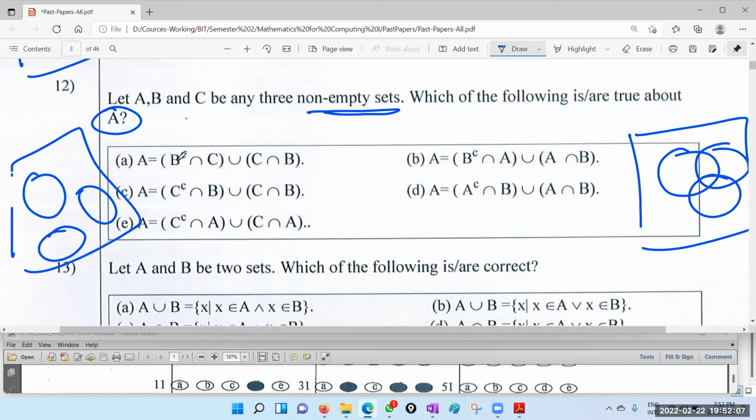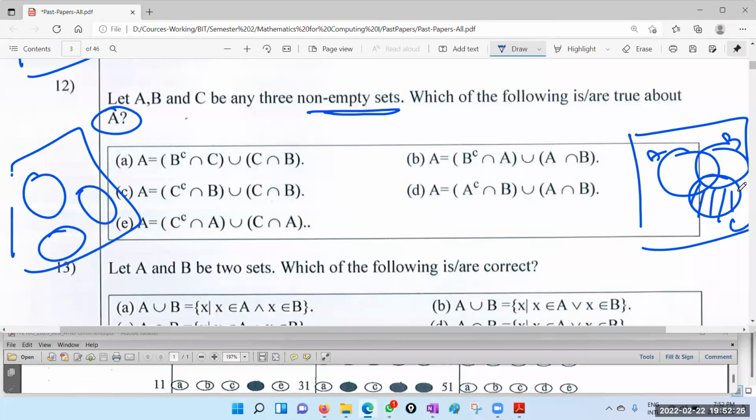A is B complement intersection C. Let's use the general scenario. Not belong to B and belong to C, so that is something like this.